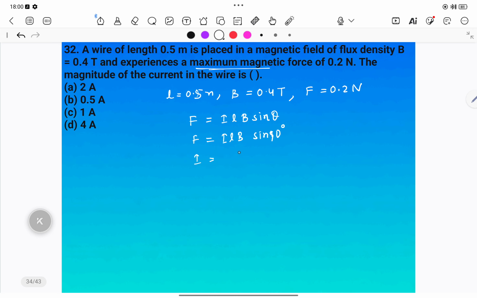So I will be equal to force divided by L into B sine 90, which is 1. We will put the value of force, that is 0.2, divided by L is 0.5 and B is 0.4. When we solve this, it will become 1 ampere. So according to this, option C is correct.